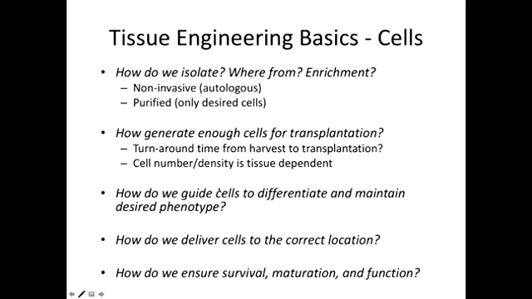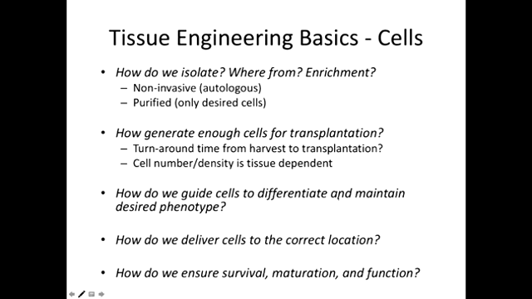How do we guide the cells to differentiate and maintain the desired phenotype? How do we make sure that if we're going to take a pluripotent iPS cell, that we differentiate it to become an islet cell and it maintains that phenotype? Not that when we put it into the body, it's going to de-differentiate, which is possible, or cause damage or proliferate uncontrollably.